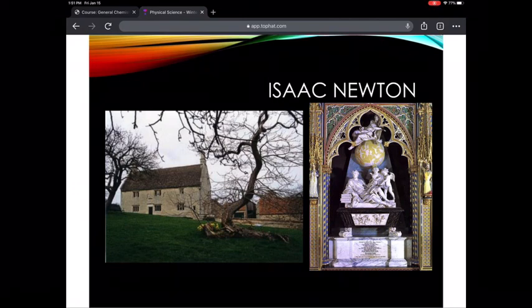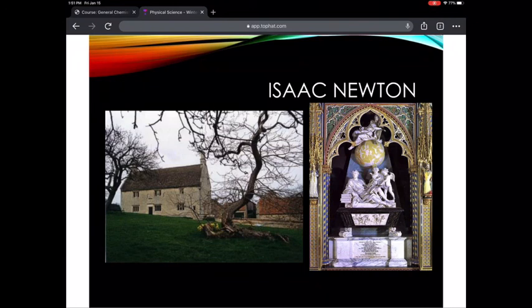To the right is Isaac Newton's tomb at Westminster Abbey in London, just across from the Houses of Parliament. Westminster Abbey is the place where the kings and queens of England are buried.